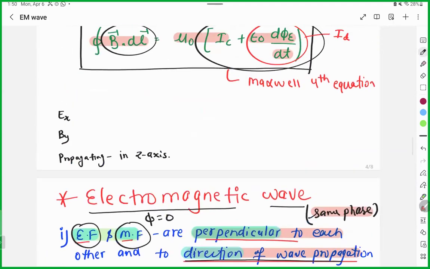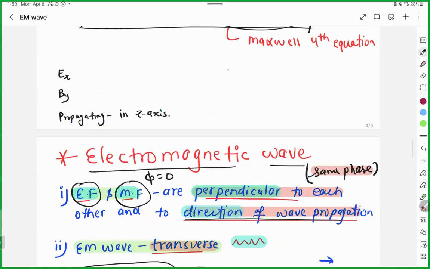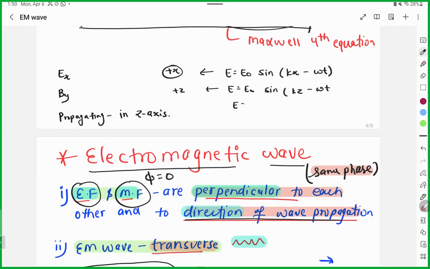If you write E is equal to E naught sin(kx minus omega t), it means it is propagating in the plus x-axis. If you write E is equal to E naught sin(kz minus omega t), it means it is moving in the plus z-axis. If it is E is equal to E naught sin(kz plus omega t), it means minus z-axis.